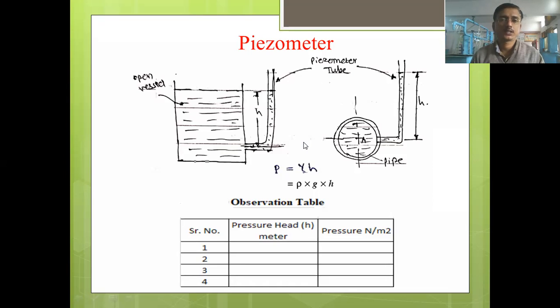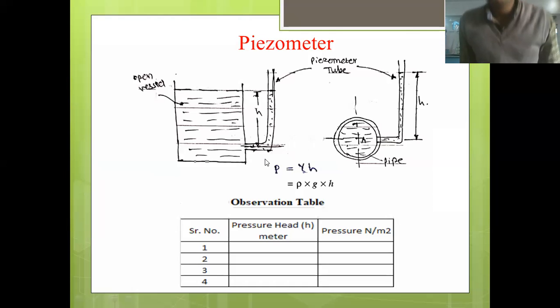Below that observation table, write the formula: P is equal to gamma H, P is equal to rho G H. Is it over? Yes, is it over?